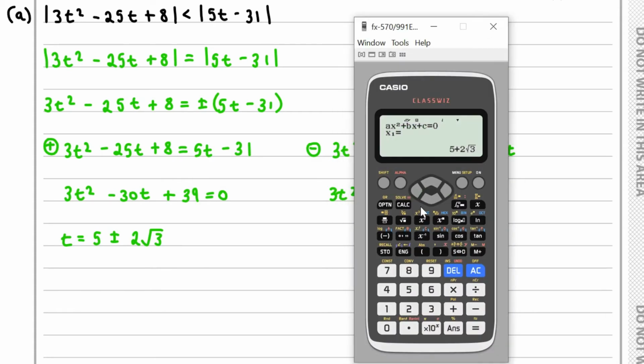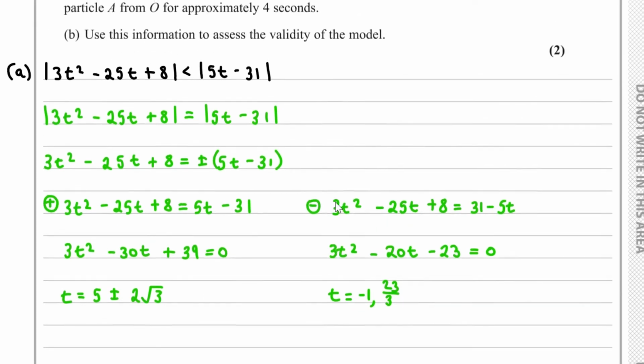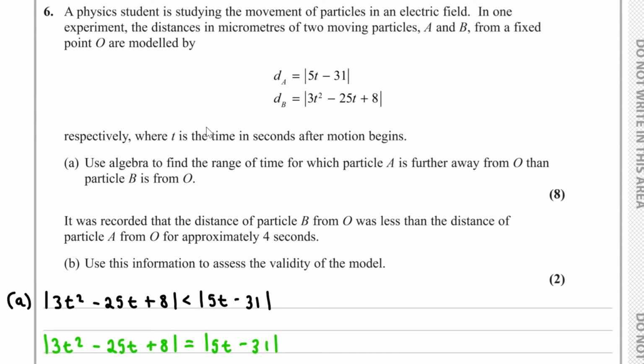And if we solve this, so we've got 3, minus 20 and minus 23 to put into our calculator. So we get two values. We end up with t equaling minus 1 and 23 over 3. So now what we can do is draw a sketch of dA and dB.